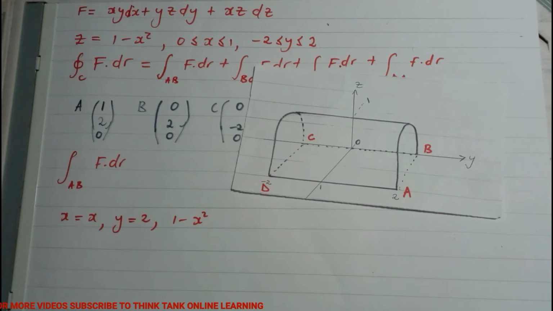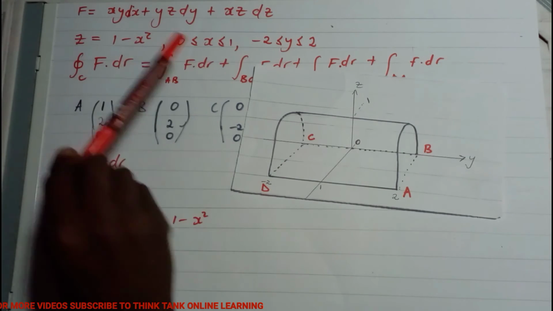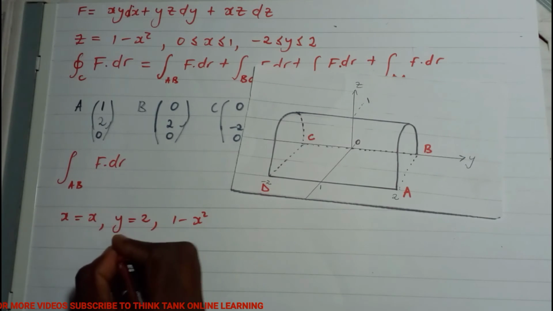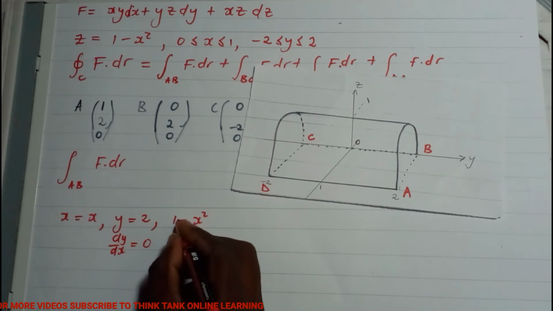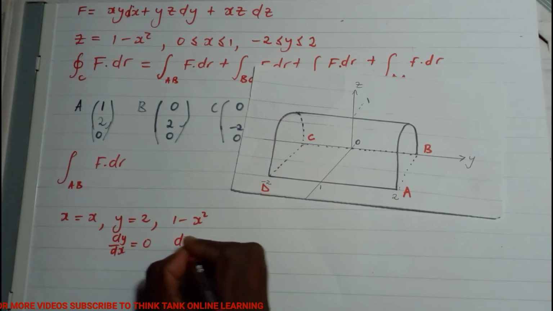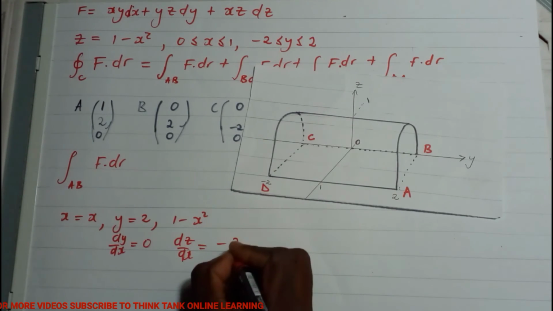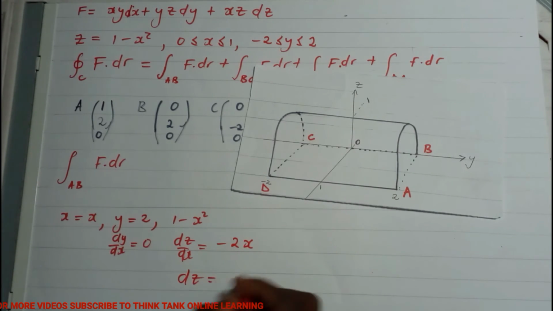That means I don't need dy and dz; I want to put it in terms of dx. dy/dx is 0, and if I differentiate z with respect to x, I get -2x. So dz is equal to -2x dx.